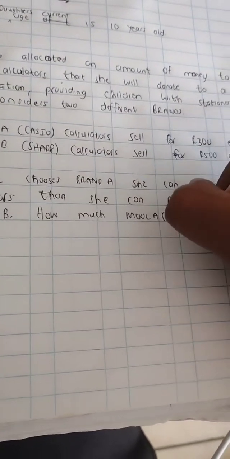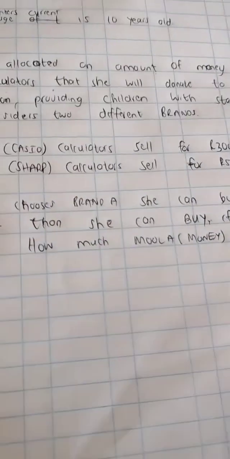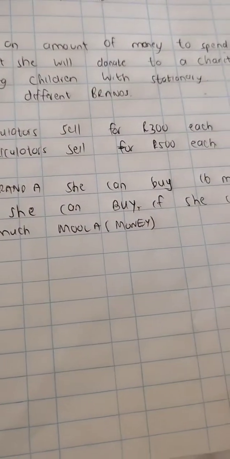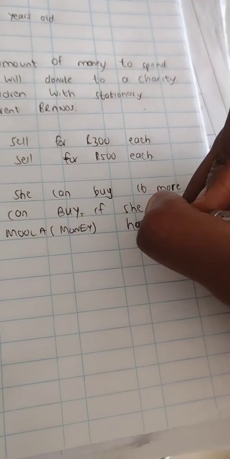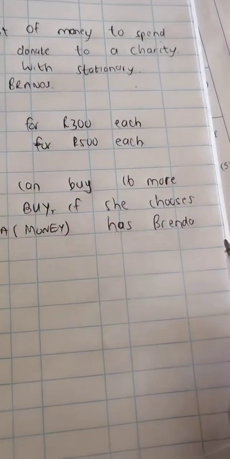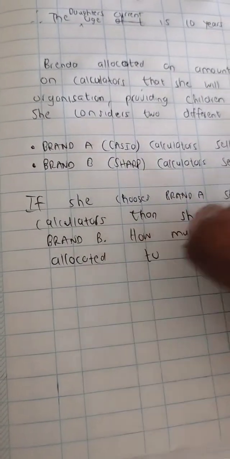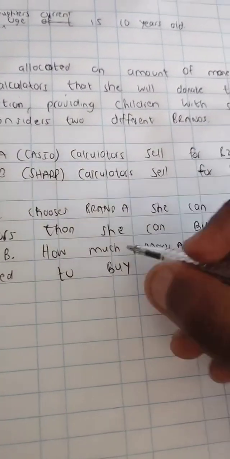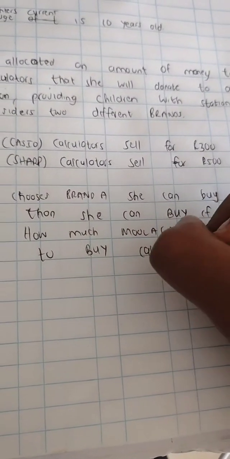The question now is, how much moolah, money, has Mrs. Brenda allocated to buy calculators?